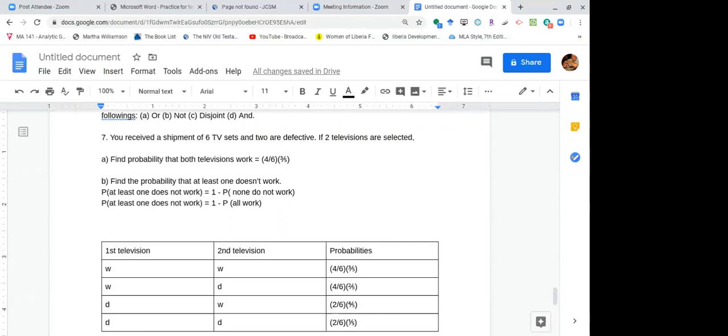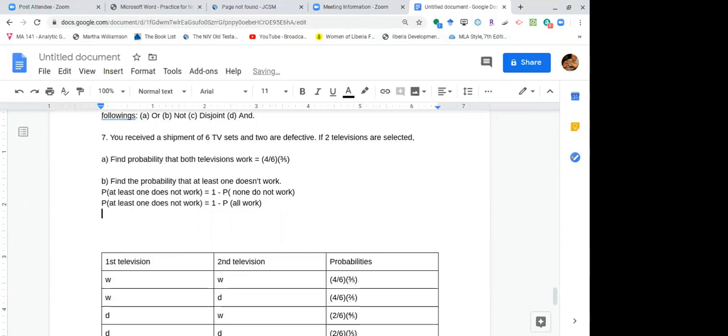So this is equal to 1 minus 4/6 times 3/5. Okay.